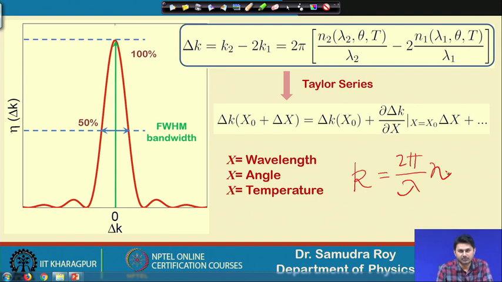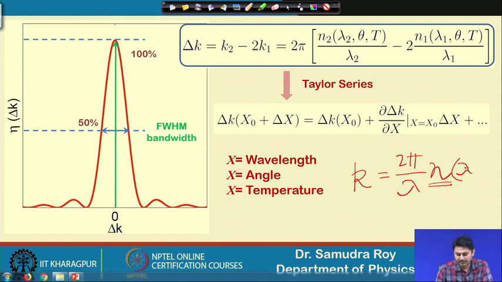So, we have k equal to 2 pi by lambda, but if the medium has some kind of refractive index, then we can write k equal to 2 pi by lambda into n. Now, this refractive index n may be a function of many things. First of all, it is a function of lambda, no doubt about that. So, whatever lambda I am launching, I have to launch a very precise lambda.